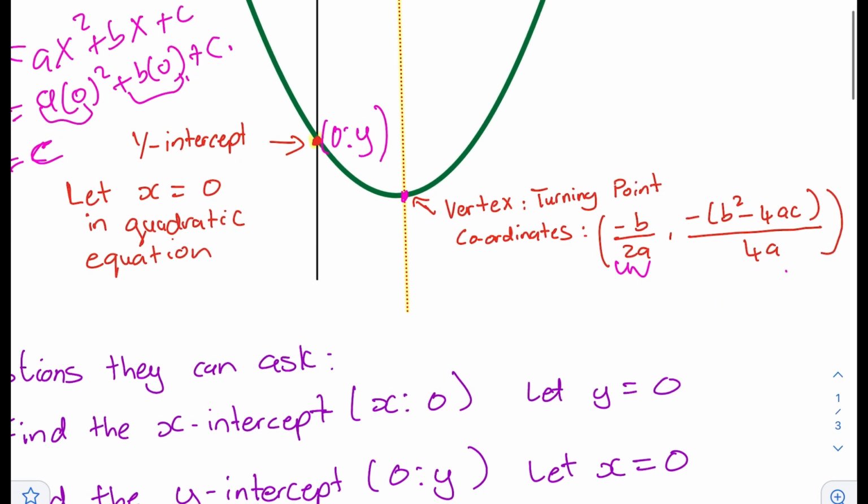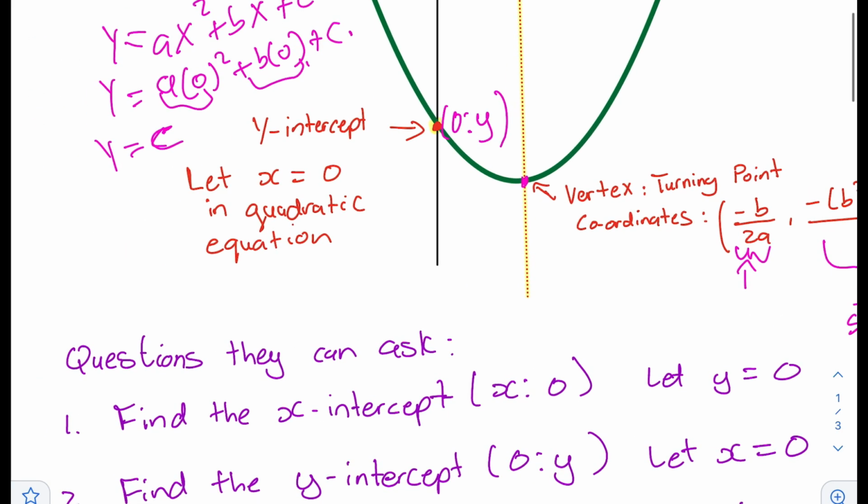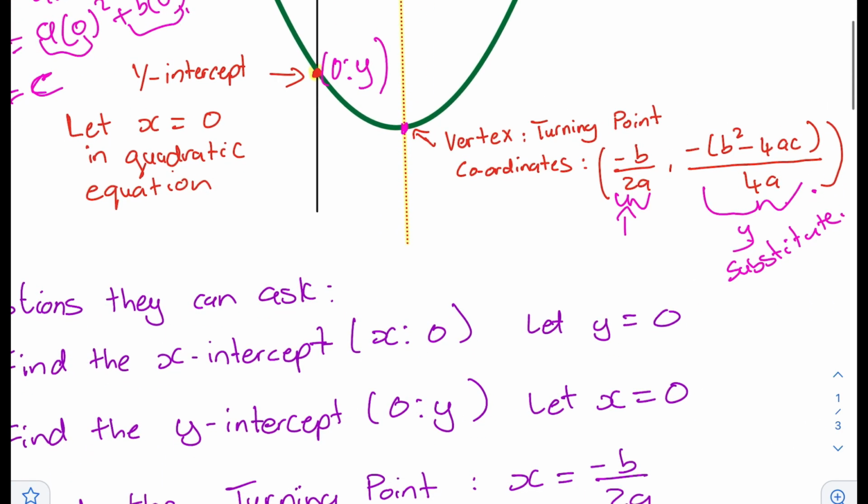But you don't really need to memorize this. What you can do is remember what the x value is, and then to find the y value, you will just need to substitute that into our equation, y equals to ax squared plus bx plus c, and substitute for x in order to find the y value.